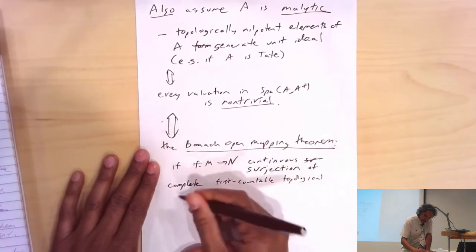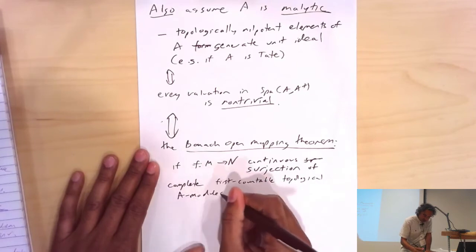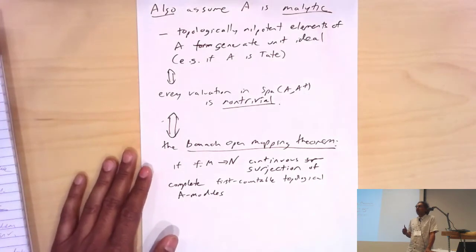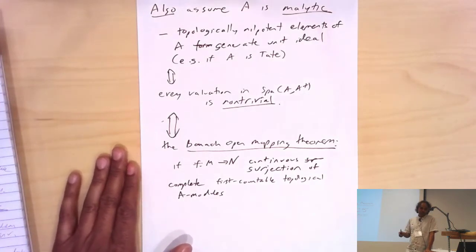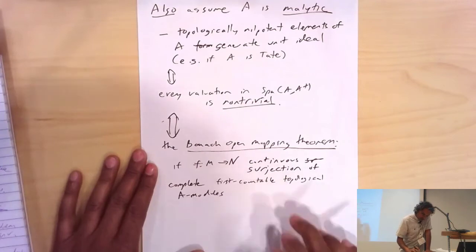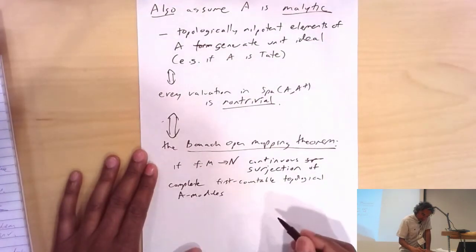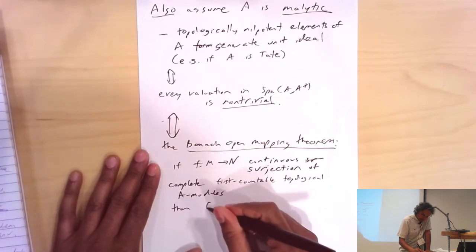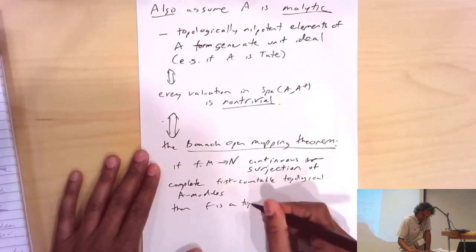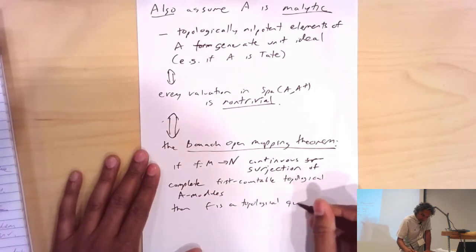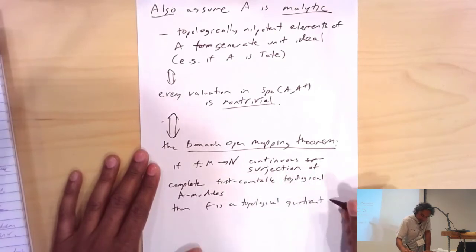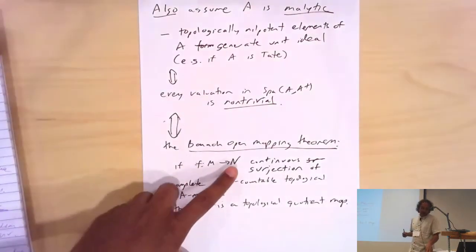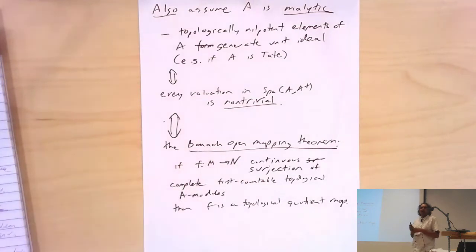First countable just means that, say, 0 admits a countable basis of neighborhoods so that you can talk about convergence in terms of sequences and not more general nets. You can ignore that if you don't like general topology. Then F is a topological quotient map.